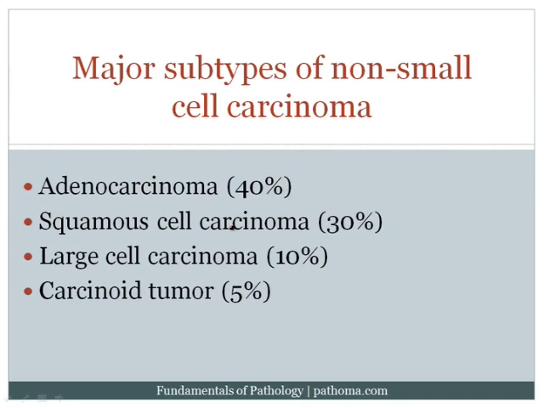Whereas if we see keratin pearls or intercellular bridges, we call that a squamous cell carcinoma. If we don't see glands and we don't see mucin and we don't see keratin pearls and we don't see intercellular bridges, then we simply call that large cell carcinoma. There is another subtype of non-small cell carcinoma called a carcinoid tumor. That's a little bit of a special subtype, and we'll discuss that at the very end.